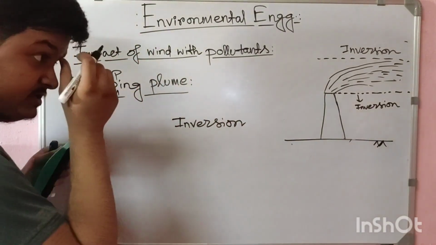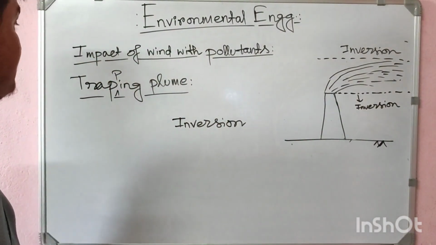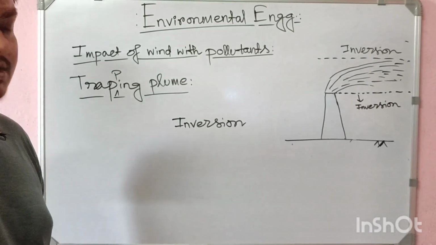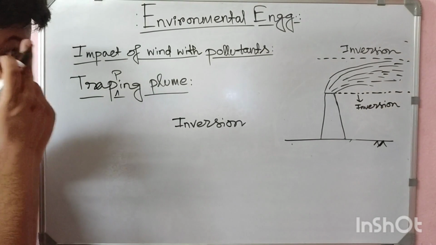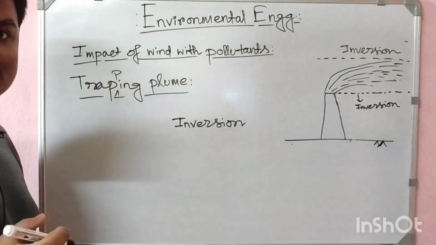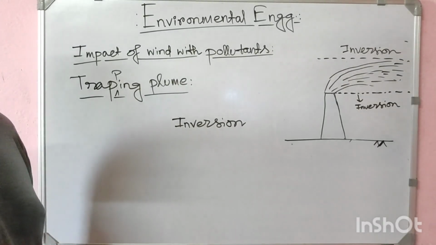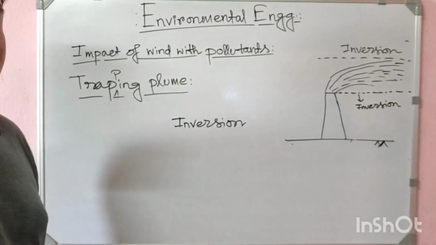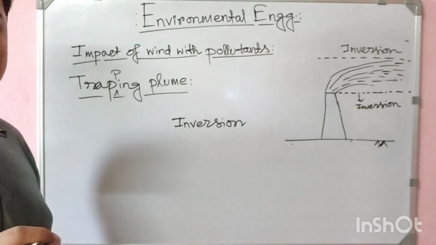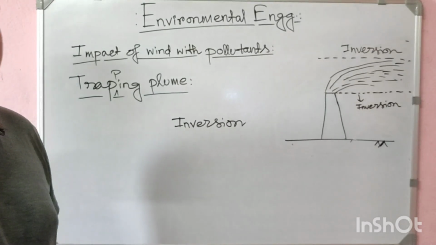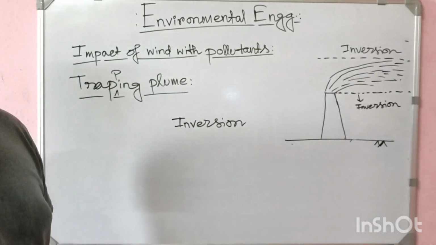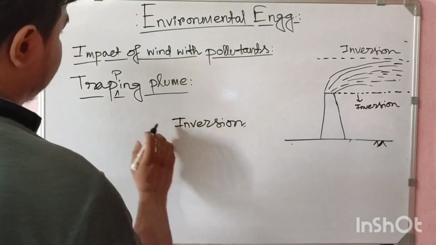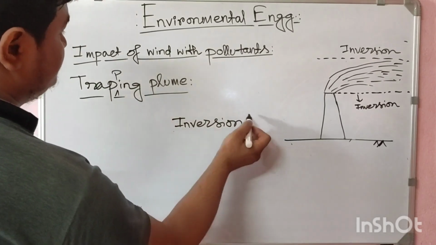The most noticeable thing is that this is the most dangerous one, even more dangerous than the fumigated plume, because the trapped plume cannot disperse through the atmosphere. Because of this trapping, the local place gets most affected. So this is the most dangerous plume.